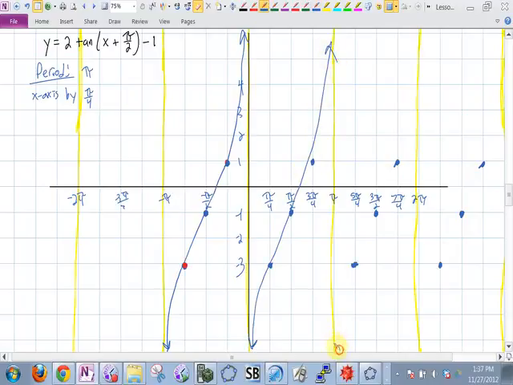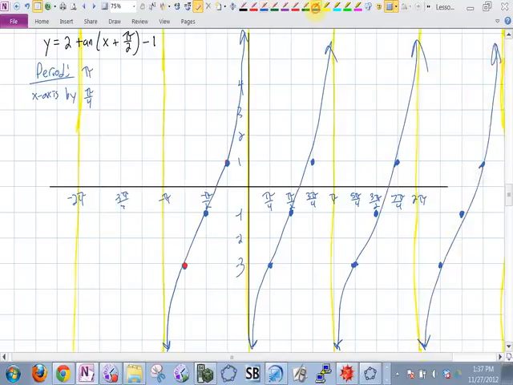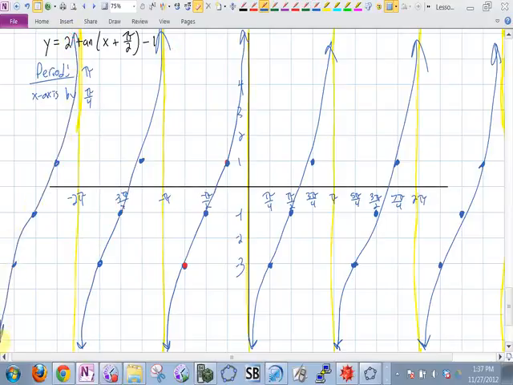Oop, that was bad. And so you end up with a graph that looks like that.